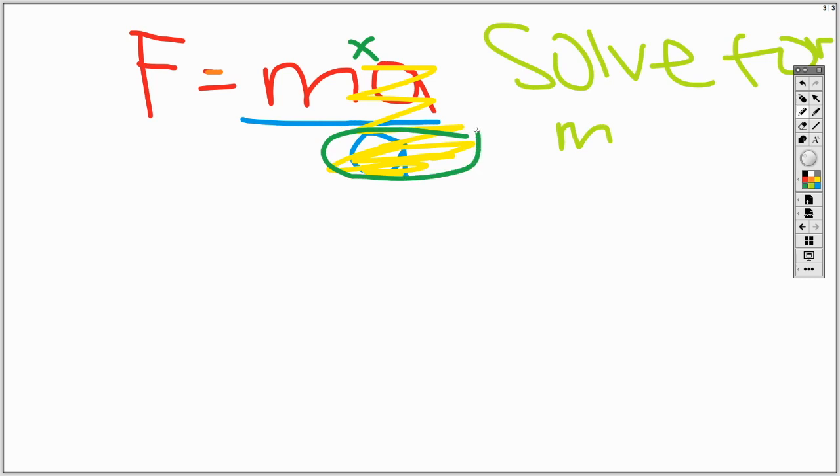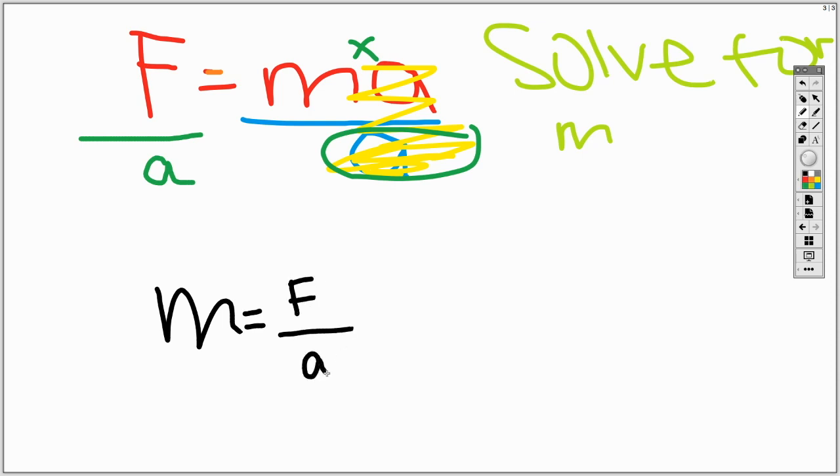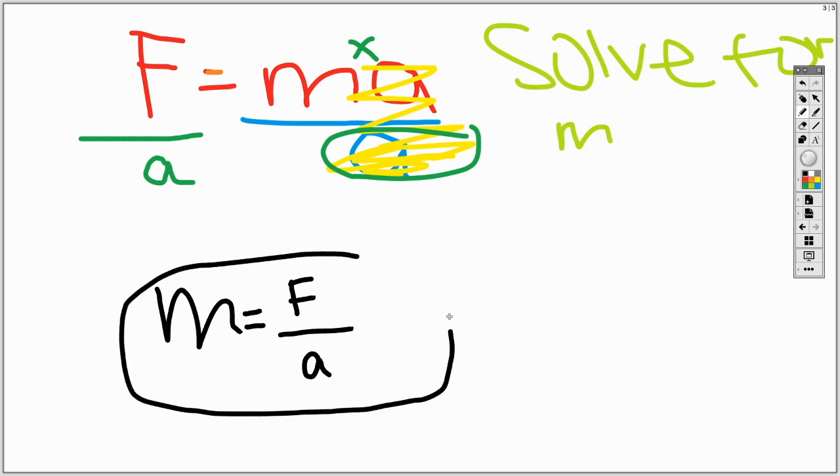And whatever you do on one side, you do to the other. So our new formula is mass, or m, equals f divided by a. We know this is the correct answer because this formula is actually used in the real world. However, if you wanted to double check, you could have just assigned it random values, which would have worked as well. So this is it for literal equations.